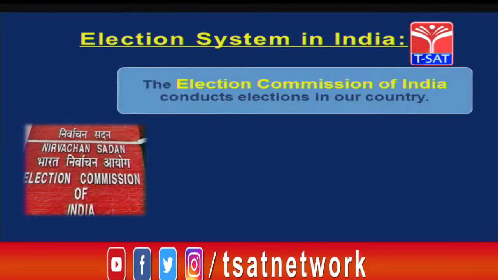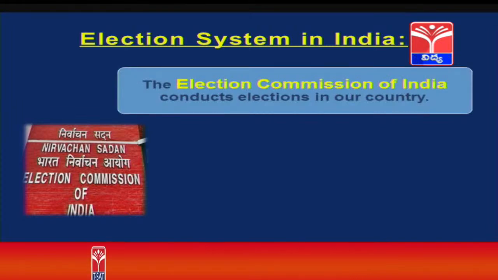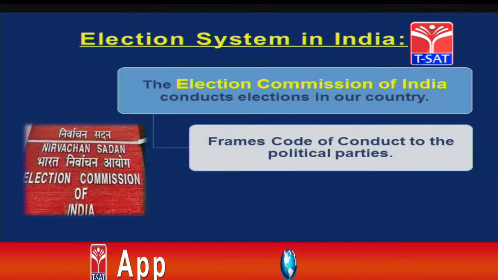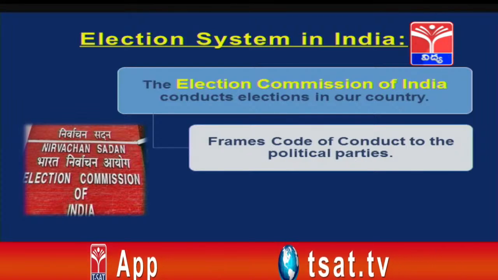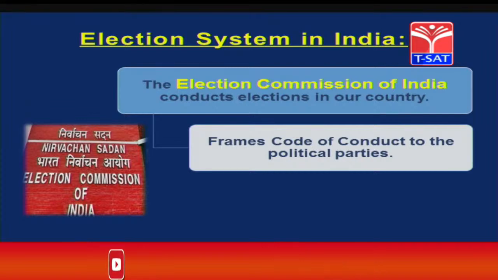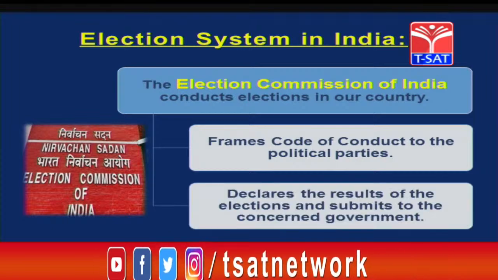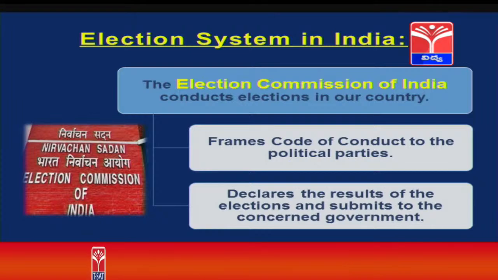In India, the Election Commission of India conducts elections in the country, and it frames a code of conduct for the political parties. Code of conduct means the rules and regulations or the guidelines given to the political parties, and it also declares the results of the elections and submits them to the concerned government.